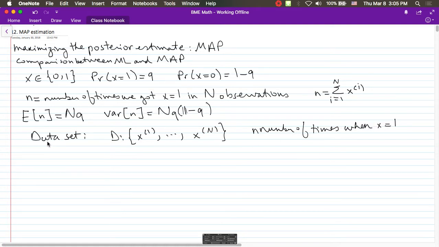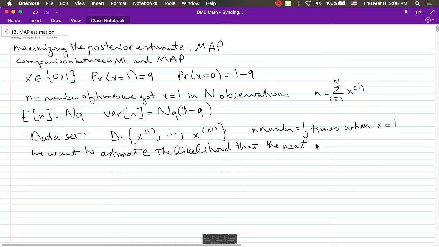And what we want to do is estimate the likelihood that the next observation will be x equal to 1.